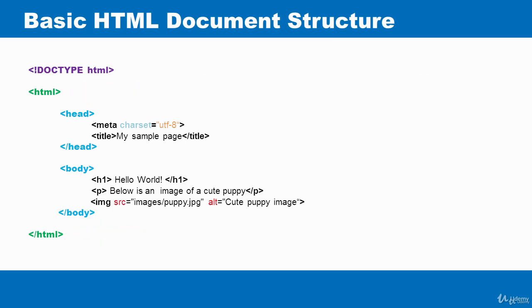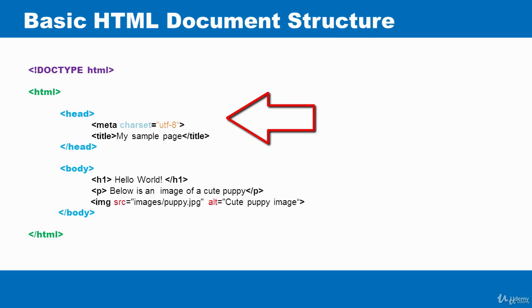Next, we've got the head element, which contains all the meta information about the document. Meta basically refers to information about information. So it's micro information about information. The head element acts as a container for all the stuff you want to include on the HTML page.